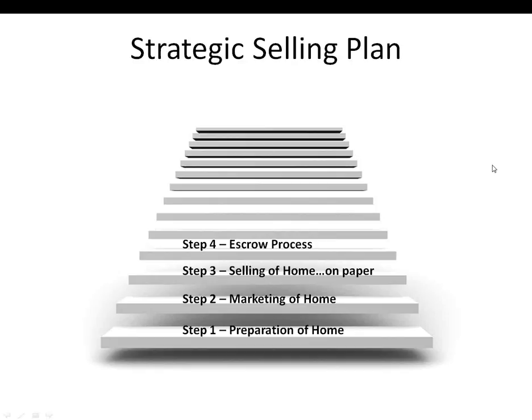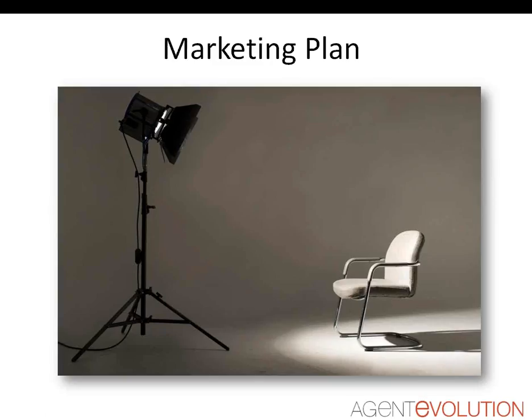And at the same time, you may also want to include your marketing plan. This can be done alongside what you're doing strategically, or you can present this separately as a different module. But the objective here is to really show the seller how you can maximize exposure for their home.